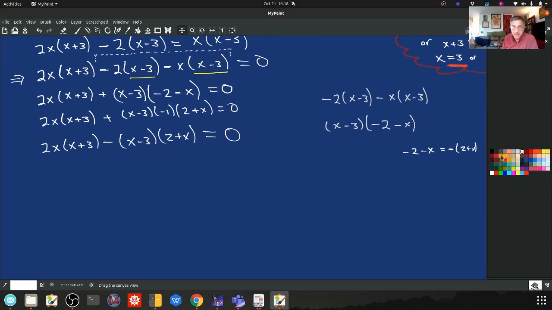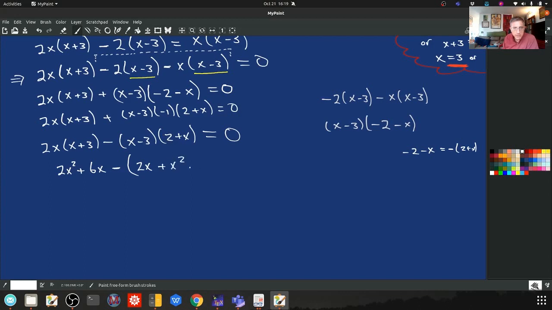You never can tell. So multiplying out, this is 2x squared plus 3 times 2x is 6x. And here, I'm going to multiply these out. This is x times 2 is 2x. x times x is plus x squared.